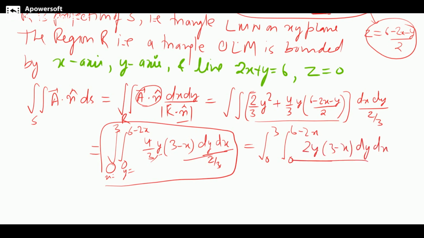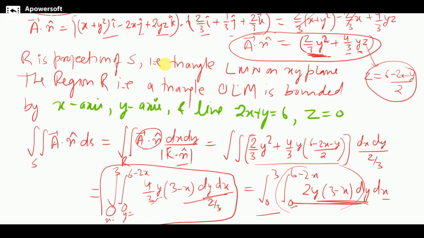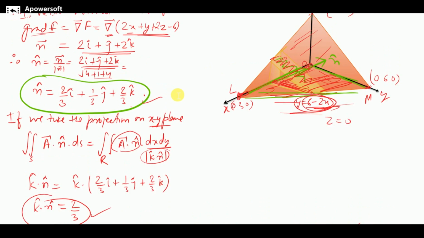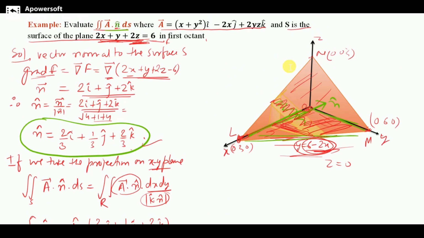Here first you take the integration with respect to y, then x, because the limit of y is in the form of x, and after evaluating that integral we obtain the value 81. So please remember, first we have to take the projection of that surface on the xy plane.